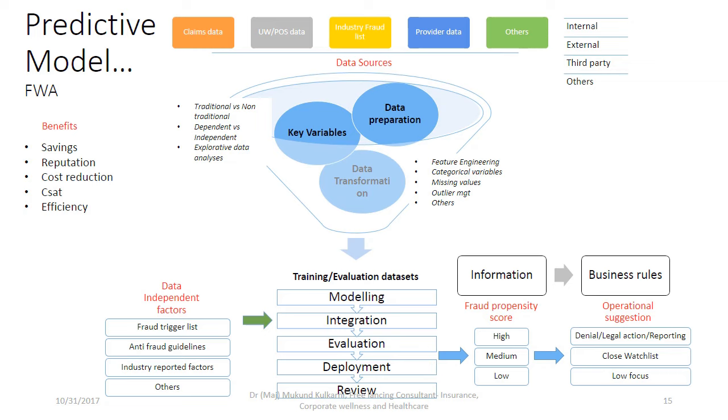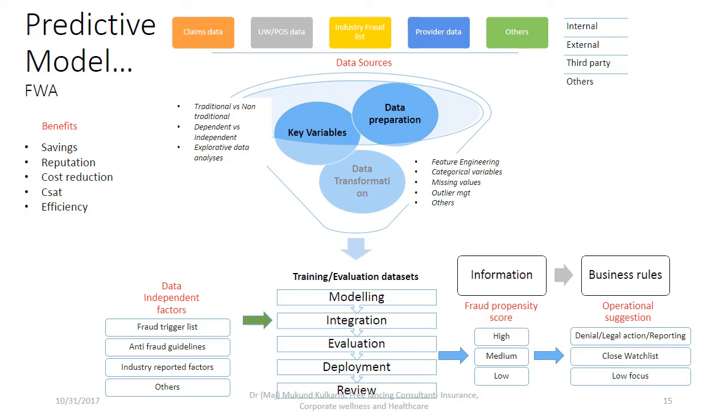So basically it should be an aggressive database of fraud triggers, fraud cases or fraud parameters being published everywhere, all consolidated and put in as a data independent factor in the integration of the model. These are not something which will feature in the data of that insurance company used to create this model, but they definitely will support the model weightage or model scoring process.